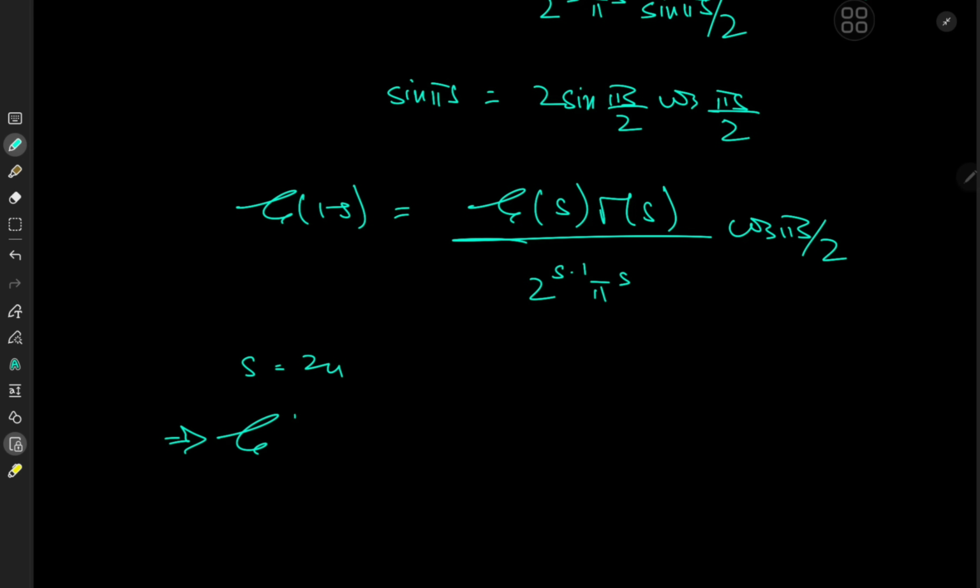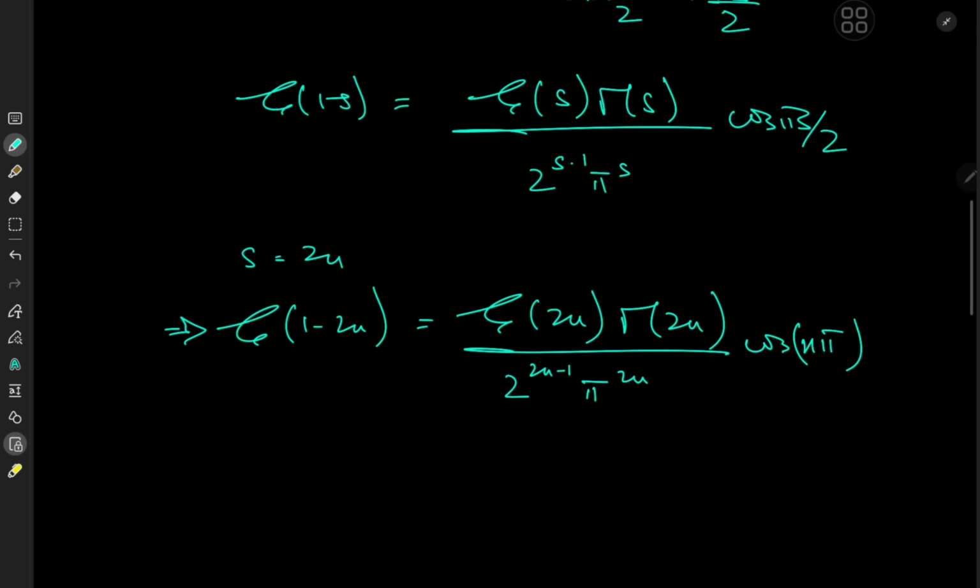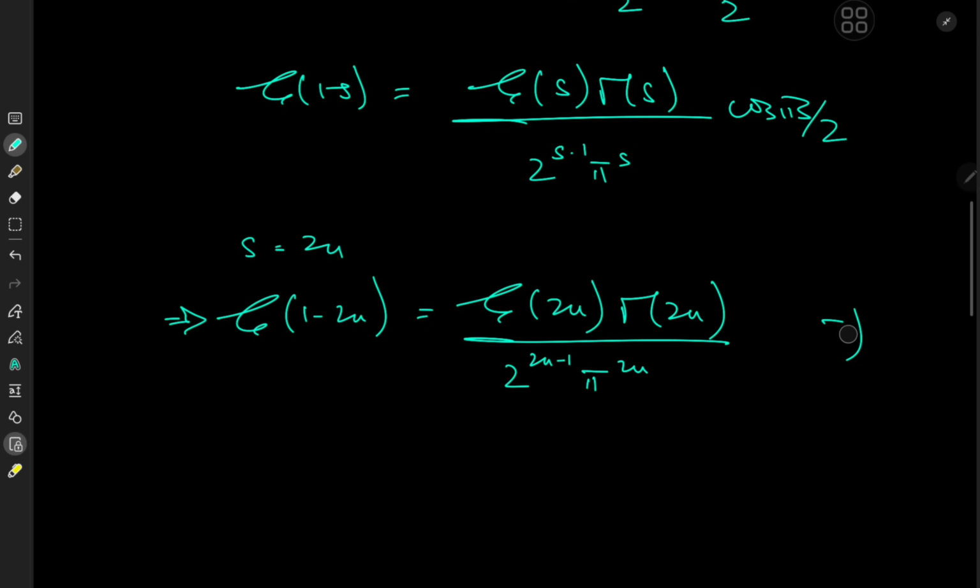And this implies that zeta(1 minus 2n) equals zeta(2n) times gamma(2n) over 2 to the 2n minus 1 and pi to the 2n, cosine of n times pi, because the 2 goes away. So cosine of n times pi is actually equal to negative 1 to the n. So we now have this alternating term involved in the sum as well.